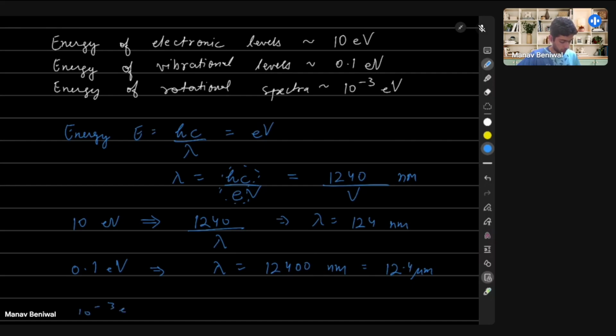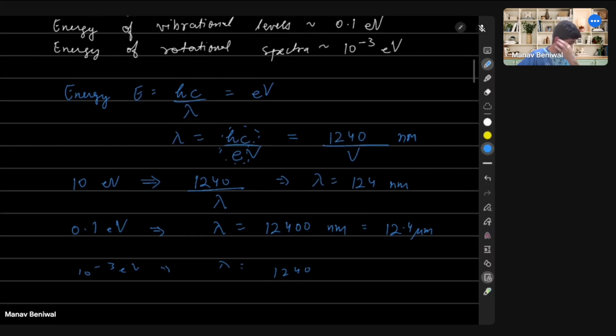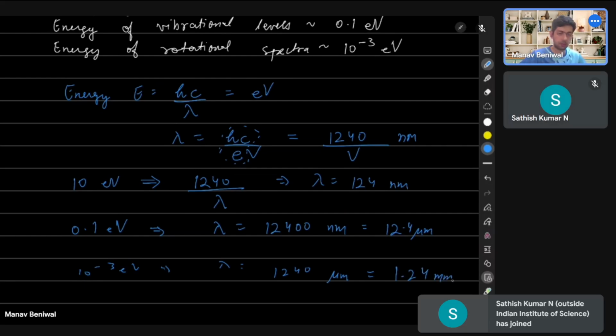If we put 10 to the power minus 3 eV, this will give us lambda as 1240 micrometers, or basically 1.24 mm.